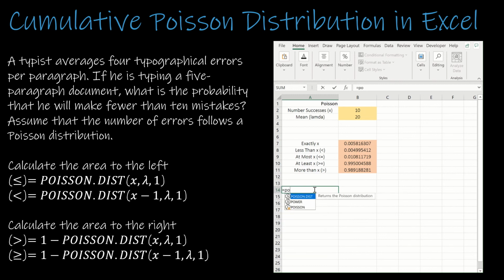So I'm going to say Poisson dist, if I can type. X would be not 10, but 9. So 9, comma, the mean is 20, cumulative is true. And that would be my solution. And again, it's the same solution here in less than, but you need to know which one is which.